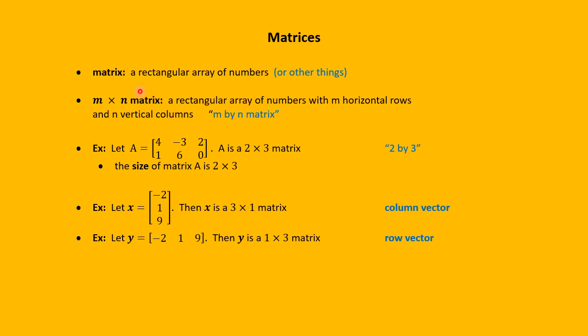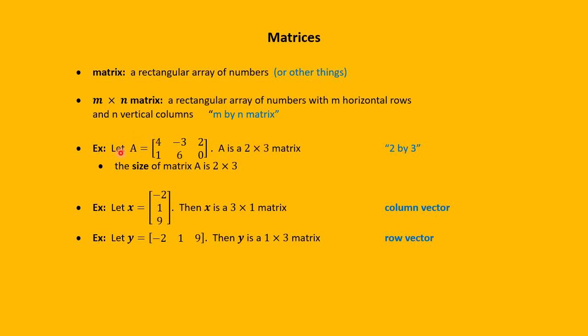And we read this as m by n matrix. Let's let A be the following matrix. If we look at this matrix, it has two horizontal rows, and it has 1, 2, 3 columns. So that makes it a 2 by 3 matrix.